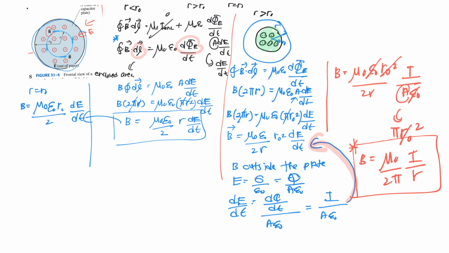So in other words, the magnetic field produced by the changing electric field between the plates is the same as that produced by the current in the wire. Because this formula is derived from the change of electric field, we get the same formula as the magnetic field produced by the current in the wire. That's how you get the formula.